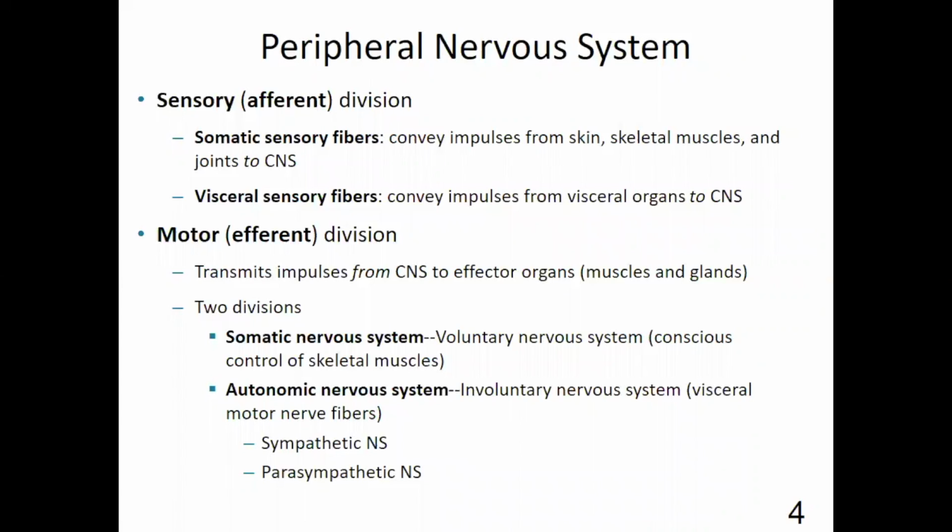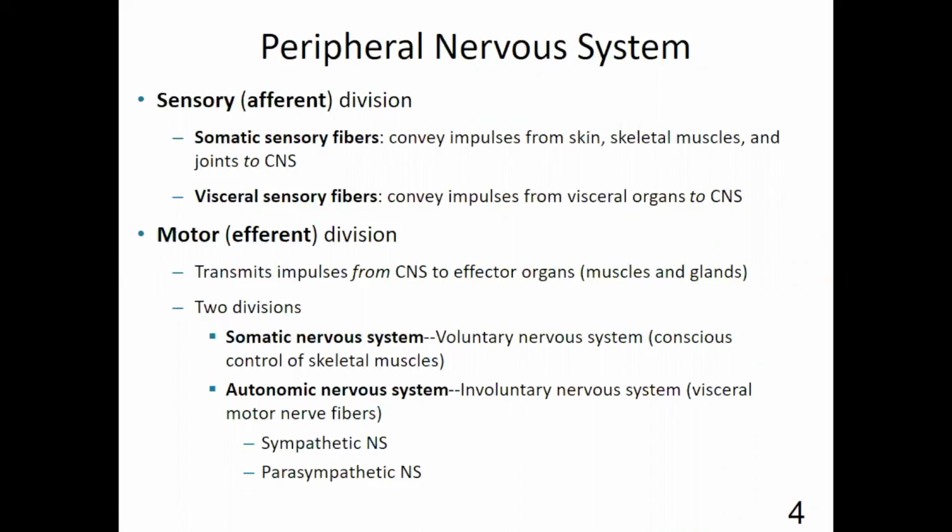So again, the peripheral nervous system can be divided into the sensory division and the motor division. The sensory division, also called the afferent division, consists of sensory fibers. So we have somatic sensory fibers that convey impulses from our skin, muscles, and joints.